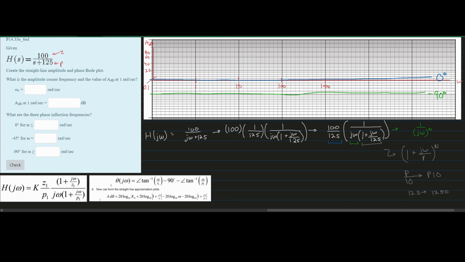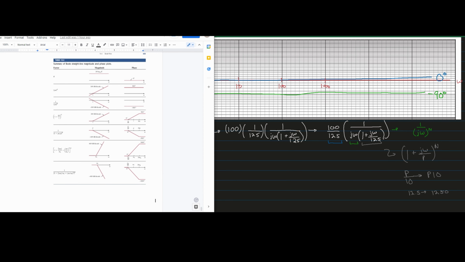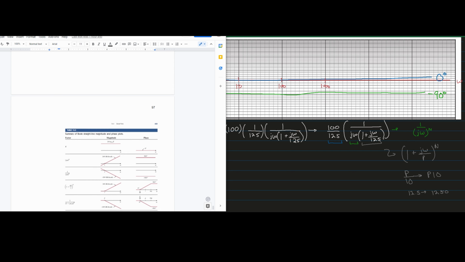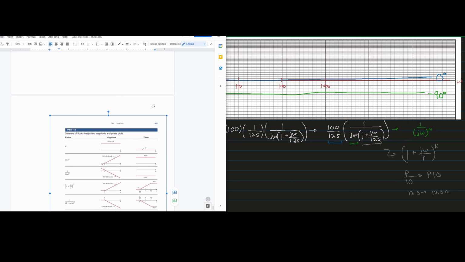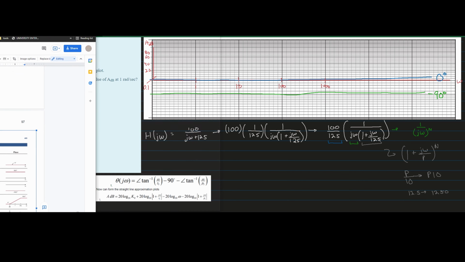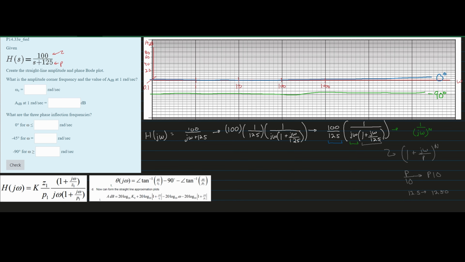So these are going to be the points that we go to, and looking at the notes, I guess I could just bring it over here really quickly. It looks something like this. We're going to be focusing on the lowest one right now, so it's going to be this one right here. We can see that it's going down from 0 degrees with a 45-degree slope to 90 degrees. This is a negative 90 degrees though, so that's important to note.